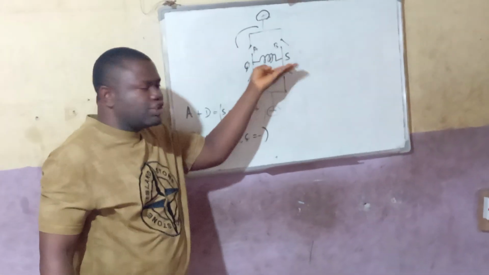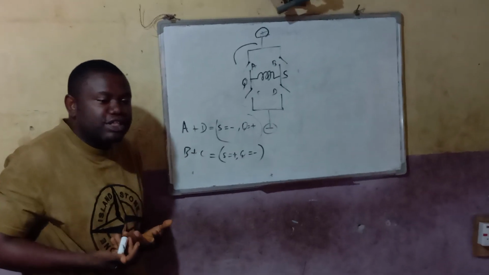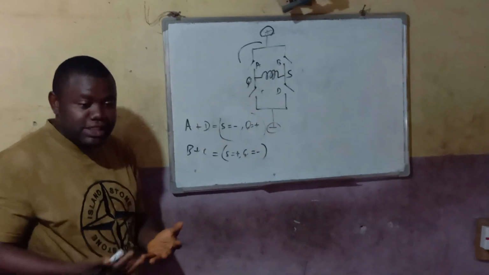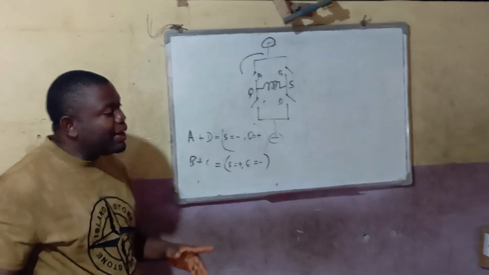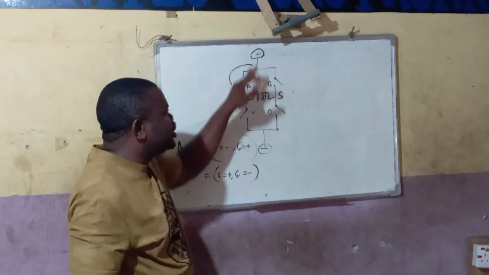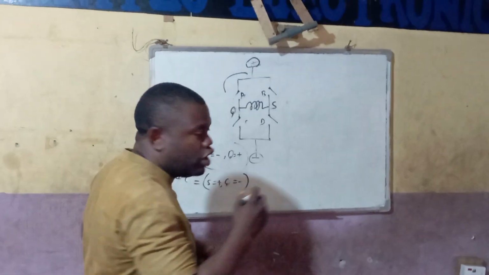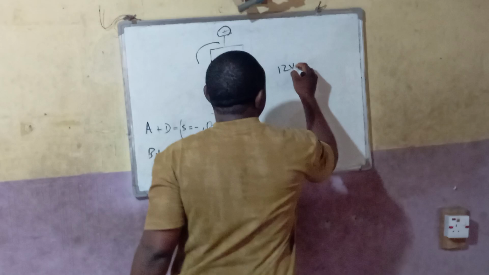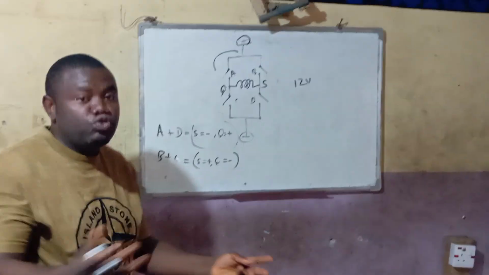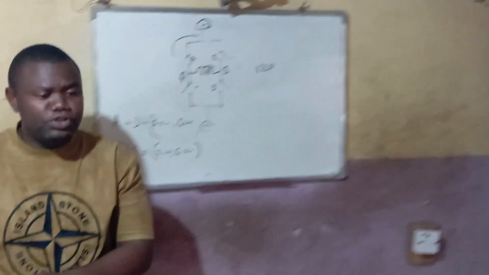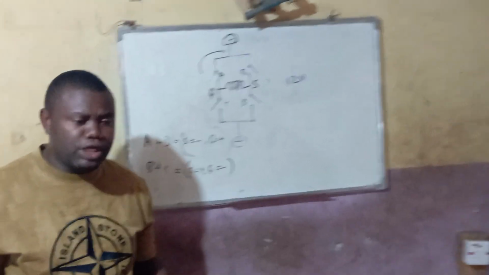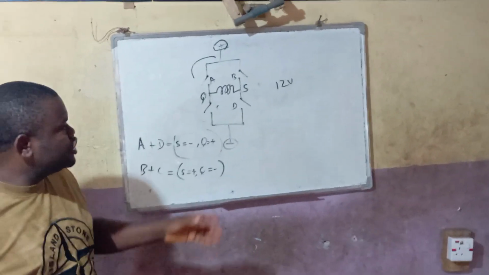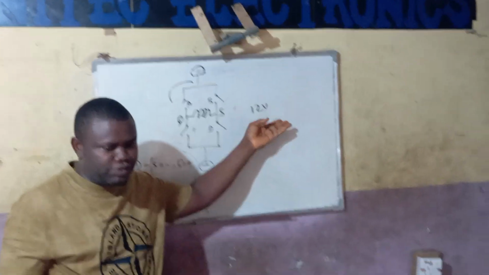So this is our transformer, and we now see it as an AC voltage. Remember, the voltage you are sending in from the battery is what? 12 volts. It could be 12, 24, 48, 36, and so on and so forth. So we are using 12 as our reference for now.